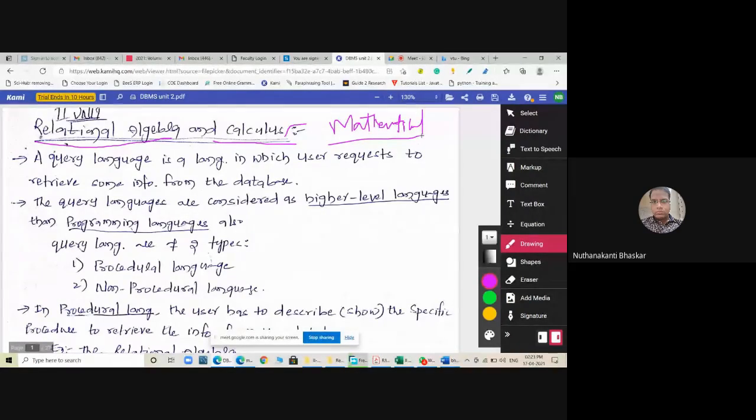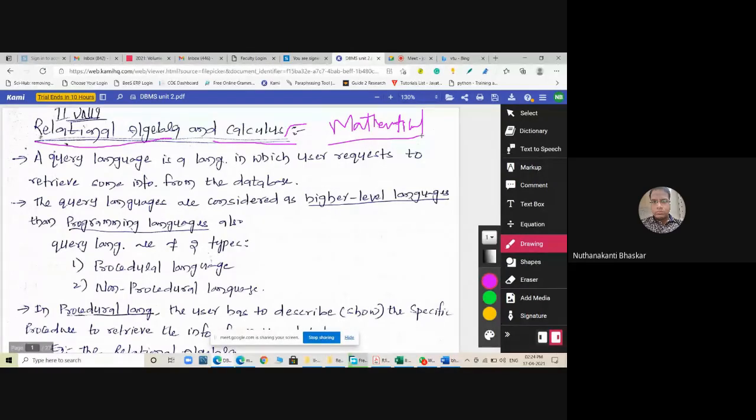Then you can map very easily, because this is only the mathematical version of queries. We cannot have any tool to implement a database using relational algebra and calculus. It is only mathematical formulas and representations, so there is no practical session on it. Only the mathematical solutions are there.